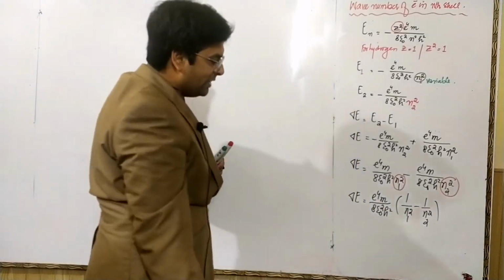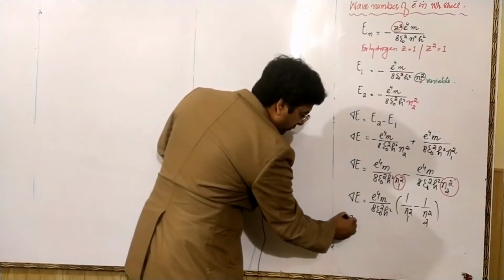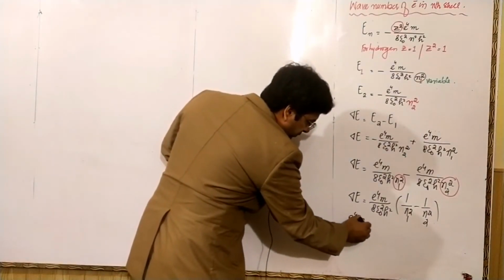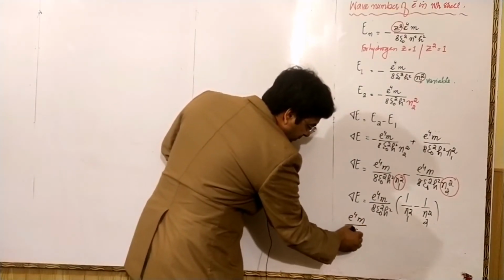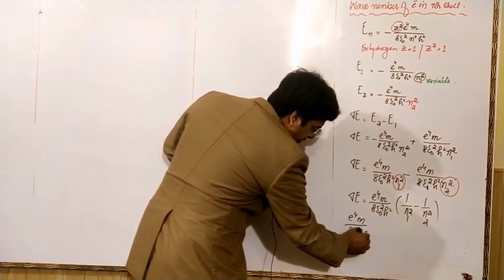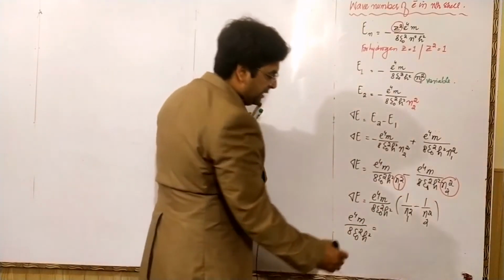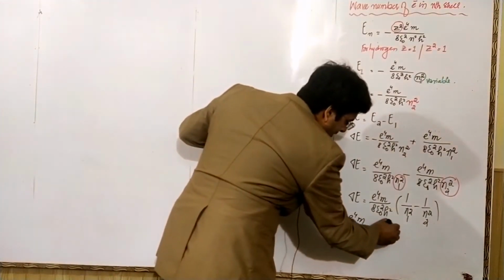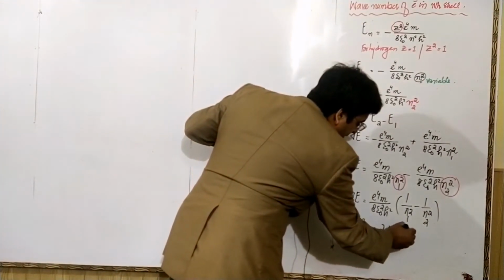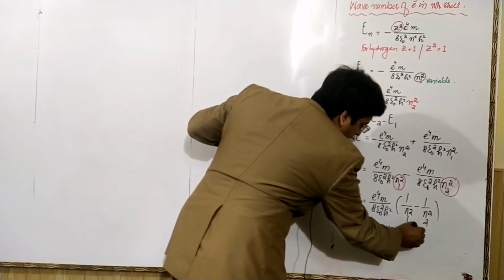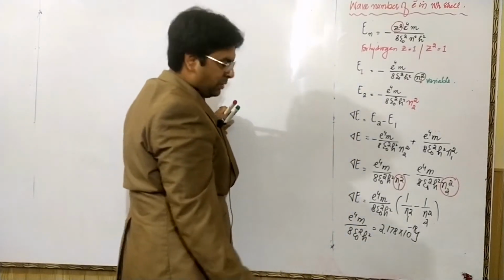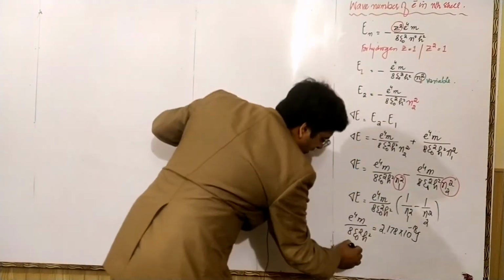The value of all these constants, e^4 m divided by 8 epsilon naught square h square, is 2.178 into 10 to the power minus 18 joule. We can write this in place of this constant.